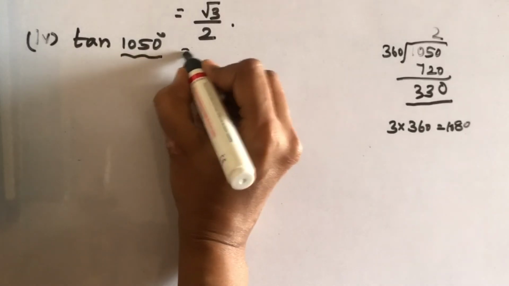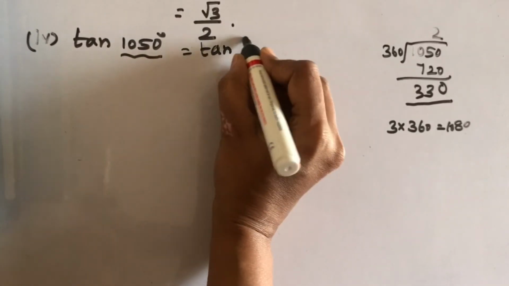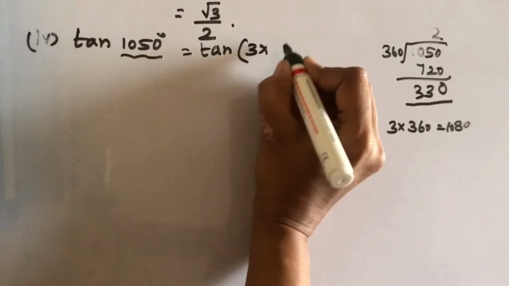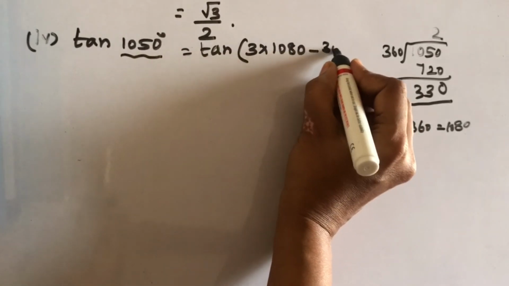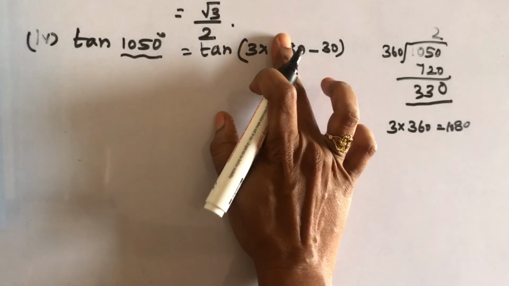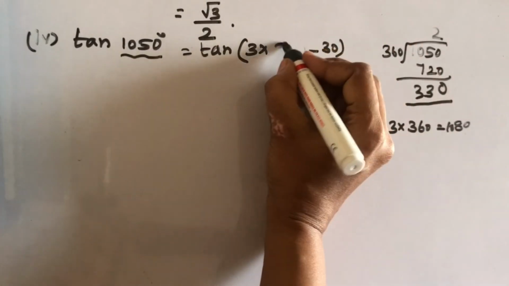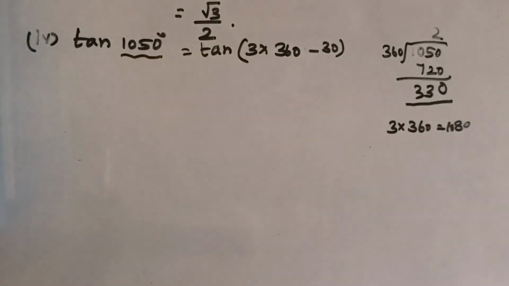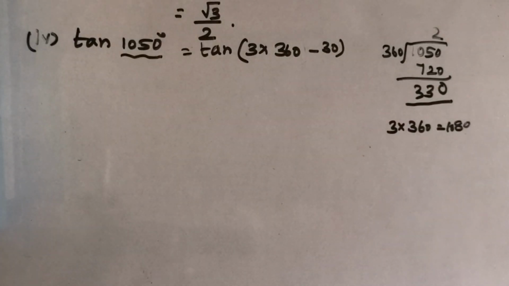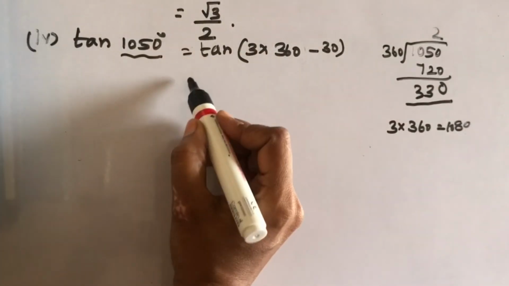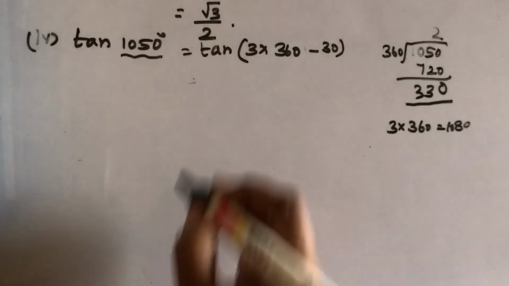So, I am going to write it as tan of 3 times 360 minus 30. So, 360 minus 30. Okay. If 360 comes, there is no change in the trigonometric ratio.